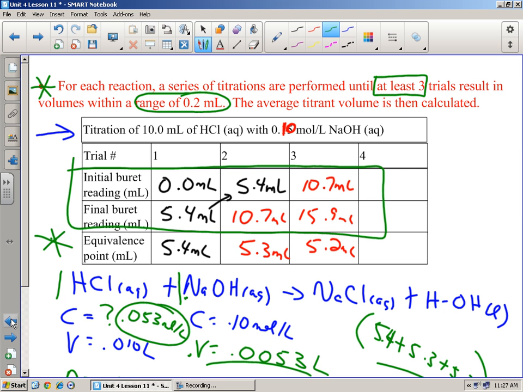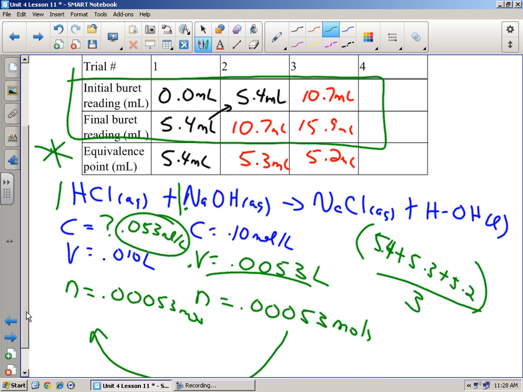Okay? Make sure, because this is where you're going to get tripped up here. If you don't average the proper ones, this volume is off right here. And if this is off, then this is off. And if that's off, and that makes that off, and you get the wrong answer. Okay? So even though you might know everything else that's going on here, you are going to be off. So be careful, okay, when you average those numbers.